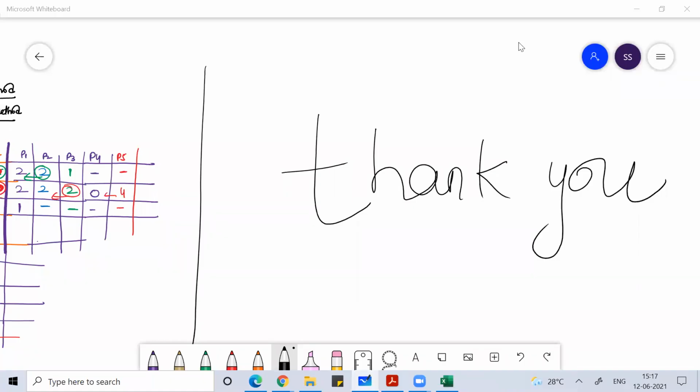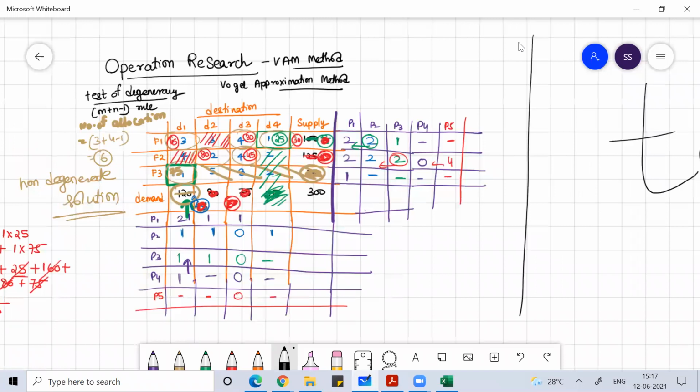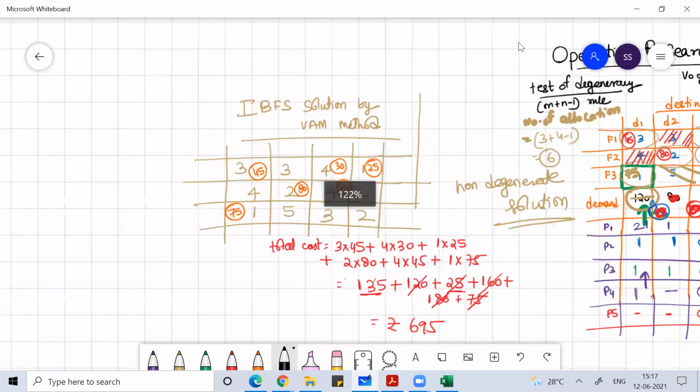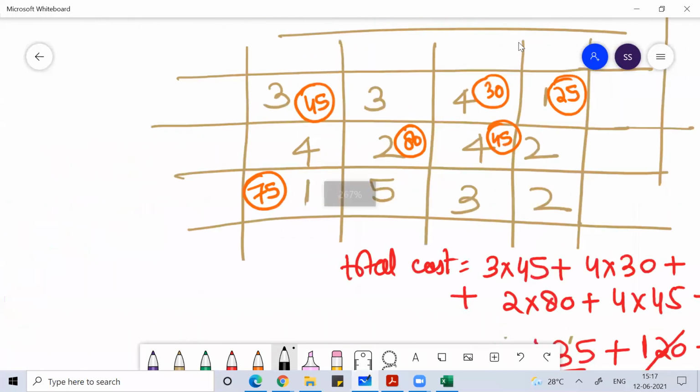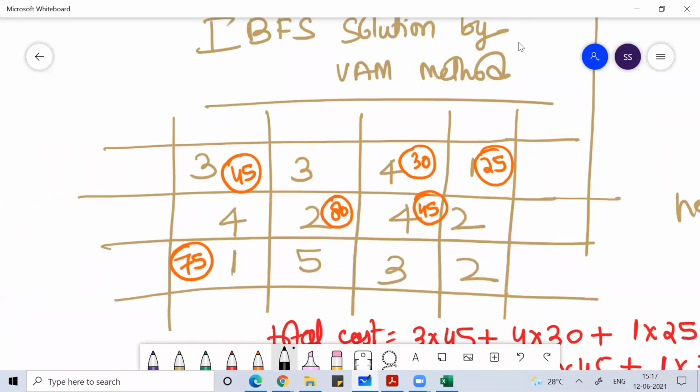Hello, everyone. I'm assuming that you have understood what I have done so far in this class. We have done one problem on the Vogel approximation method. The solution you get now is not an optimal solution. This is a feasible solution. Once we are done with the Vogel approximation method, we learn how to check the test of optimality.